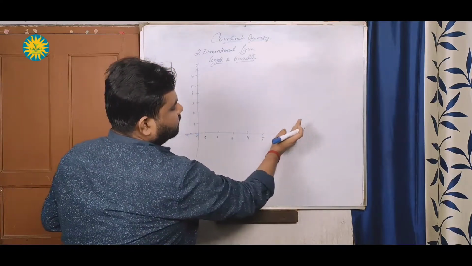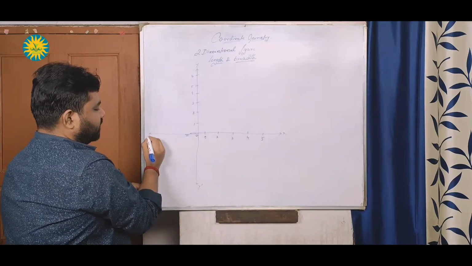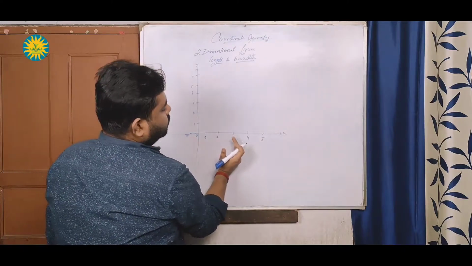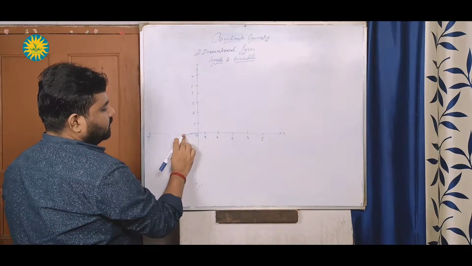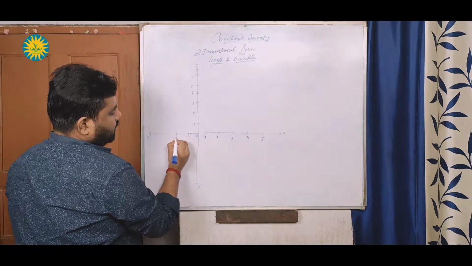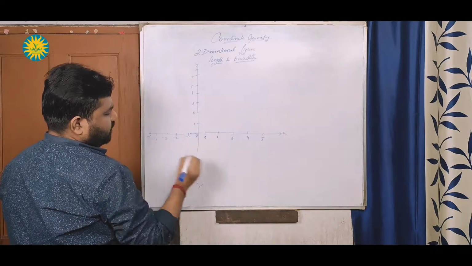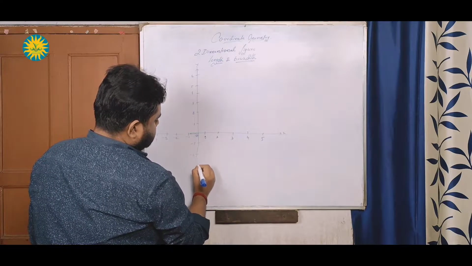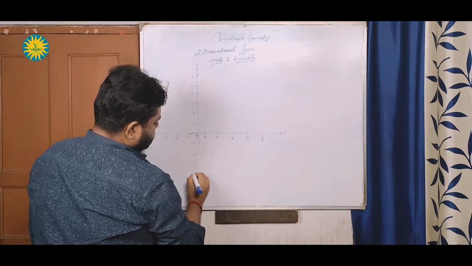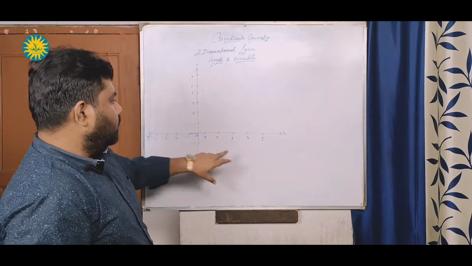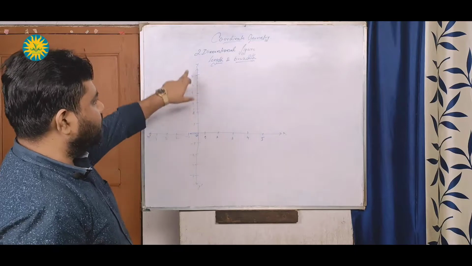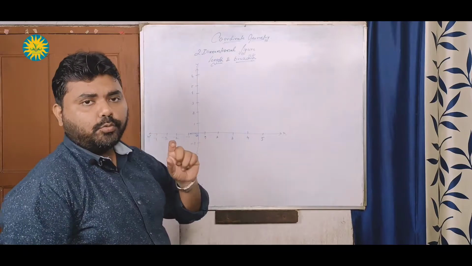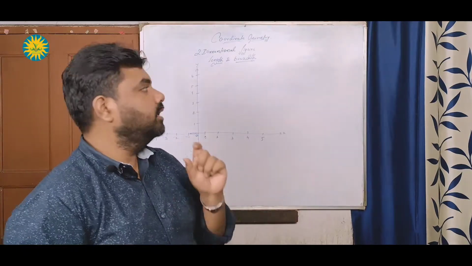This is the positive side of the x-axis and this is the negative side of the x-axis, with -1, -2, -3, -4 and so on. So this is the origin, where the y-axis and x-axis intersect. This point is known as the origin of the Cartesian system.